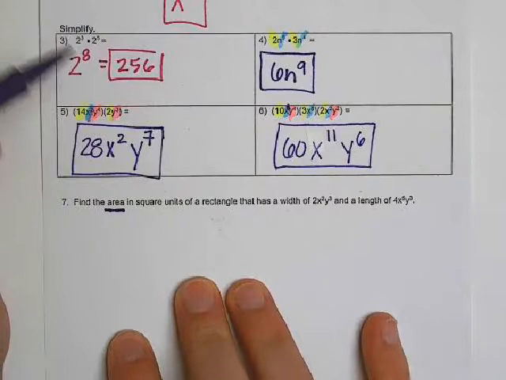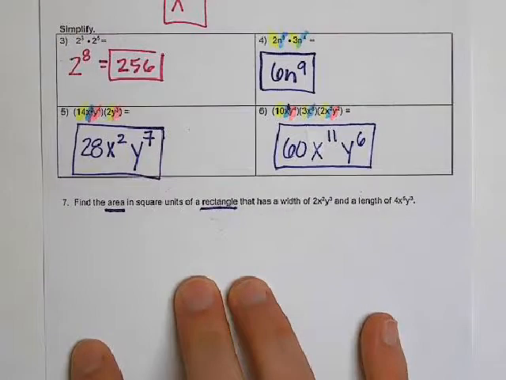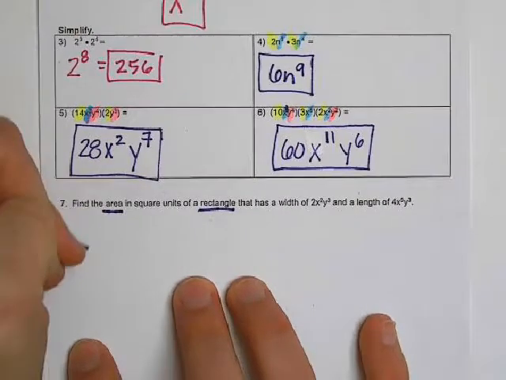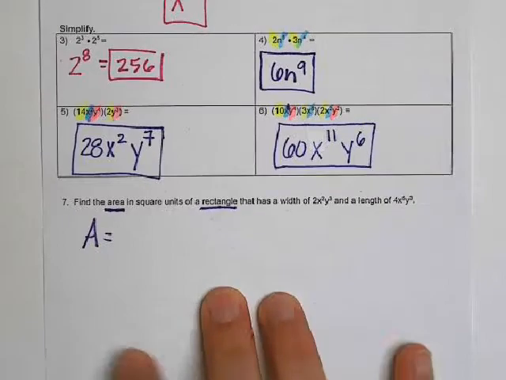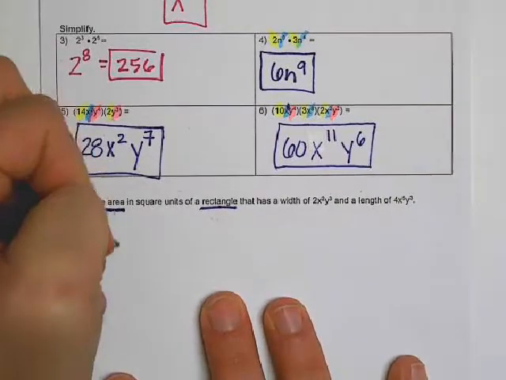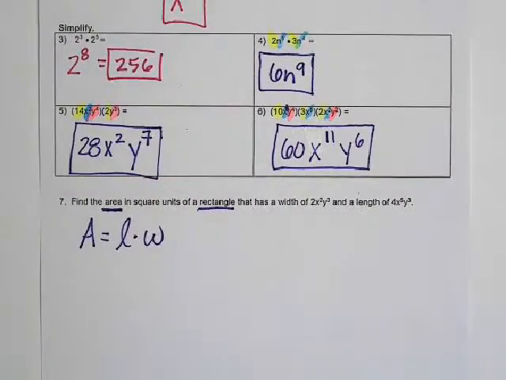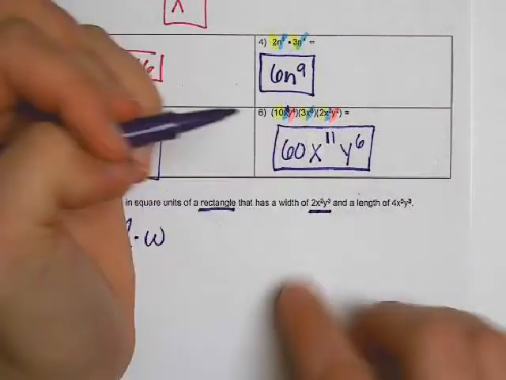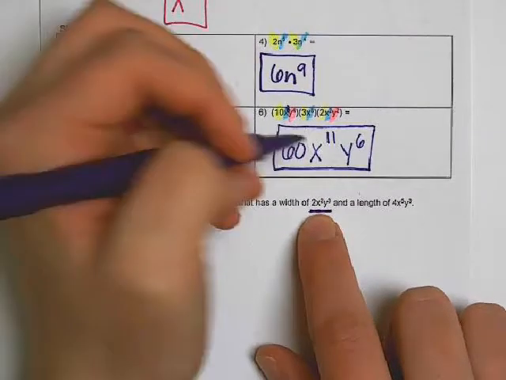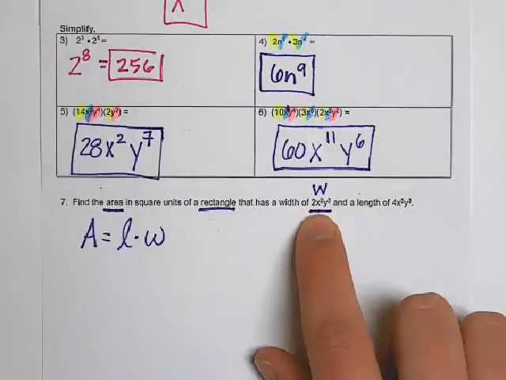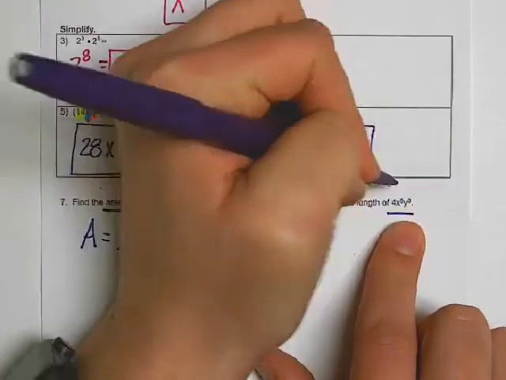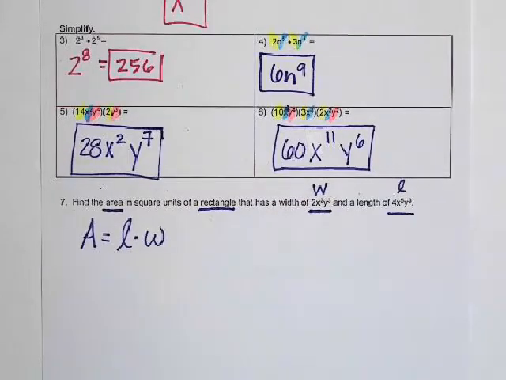Rectangle. What's the area of a rectangle? Length times width. Okay, what information does it give me? This is the what? Width. So put a W. This is the what? Length. So put an L.